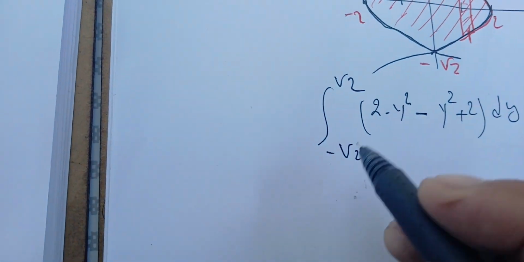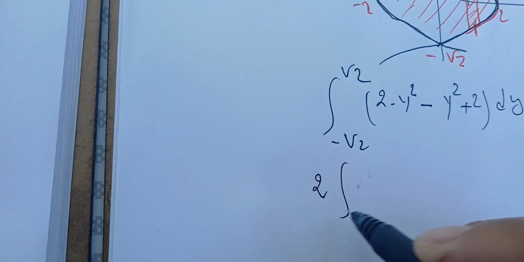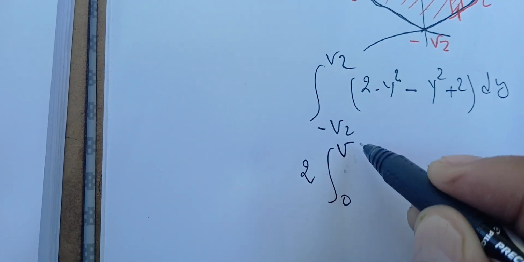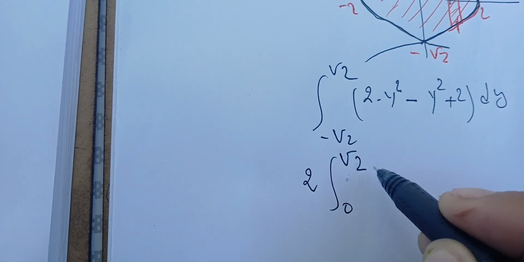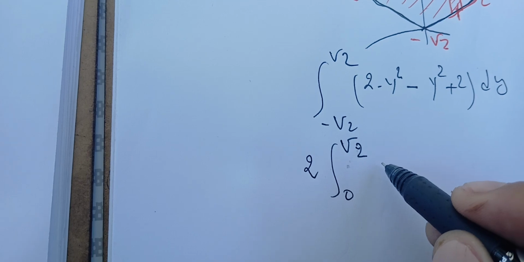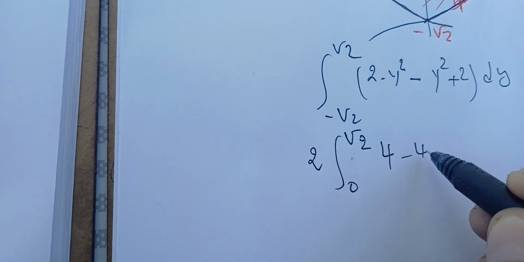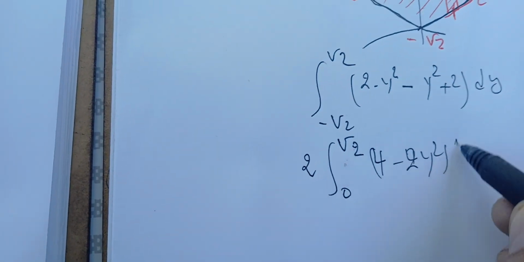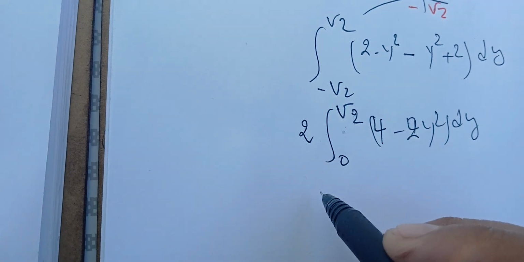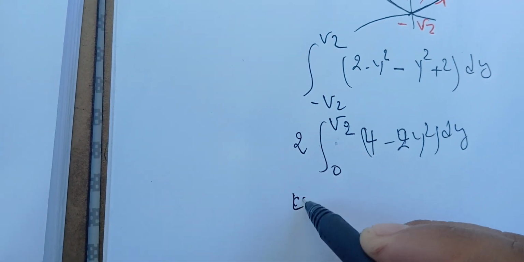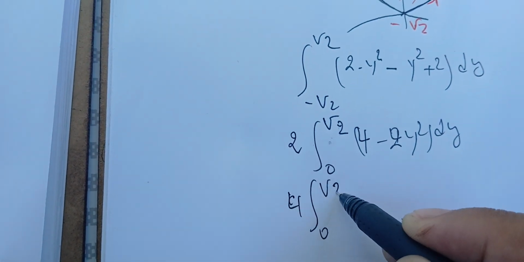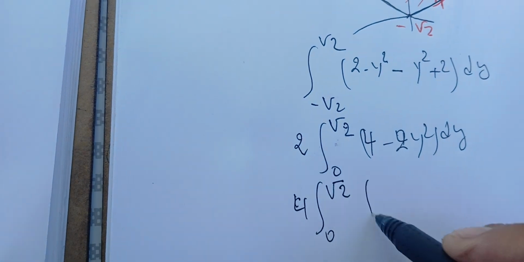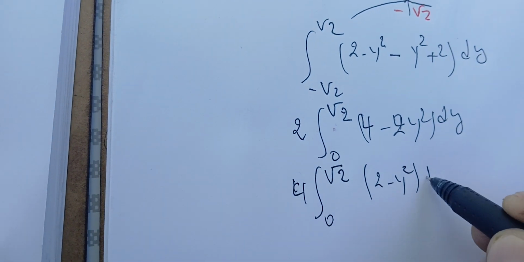Since this is even, I can simplify it as 2 times the integral between 0 and square root of 2 of 4 minus 2y squared dy, which I can simplify more as 4 times the integral between 0 and square root of 2 of 2 minus y squared dy.